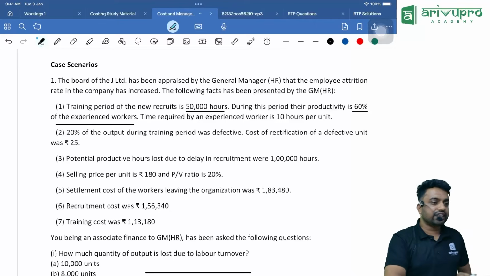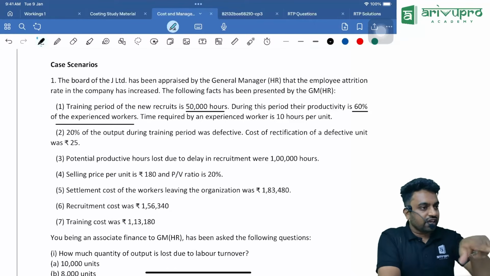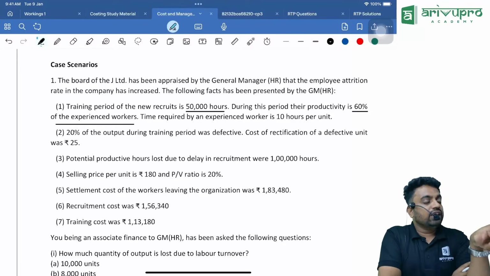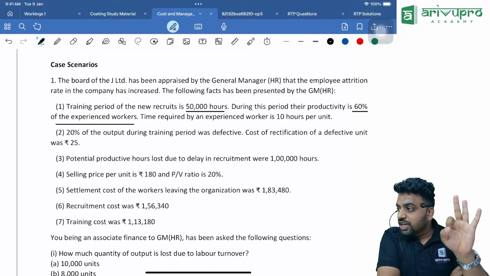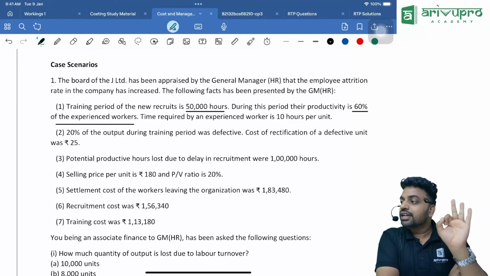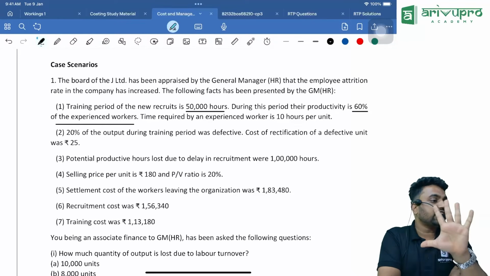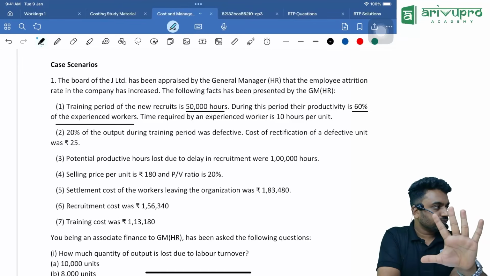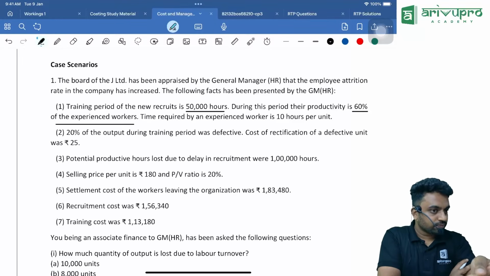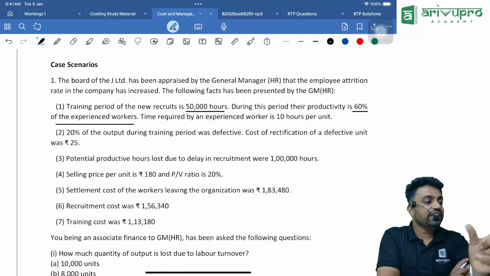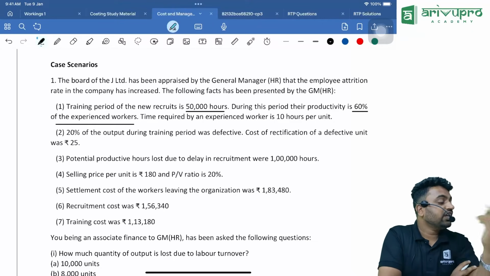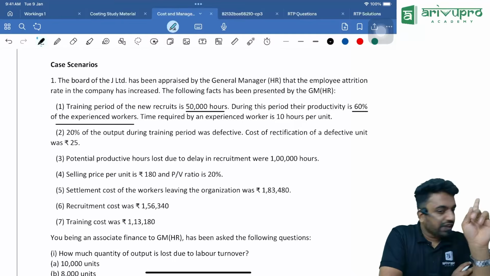Just because they are in their training period, they are taking 50,000 hours. Understood? So it's not idle time. It's not being unproductive, it's being less efficient. They are just 60% efficient when compared to an experienced worker.